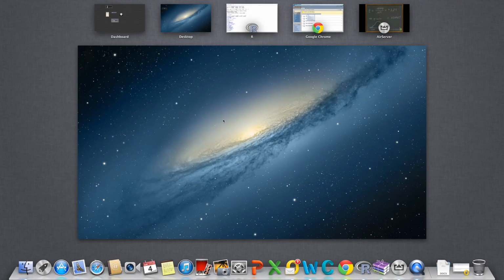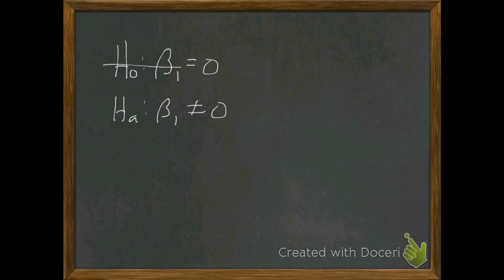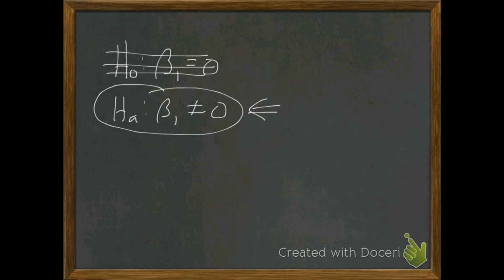All right guys, clearly we reject the null, so we have evidence to support the alternative. The evidence from our sample is more supportive of that statement than the null.